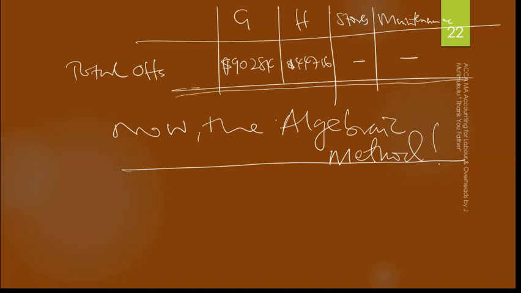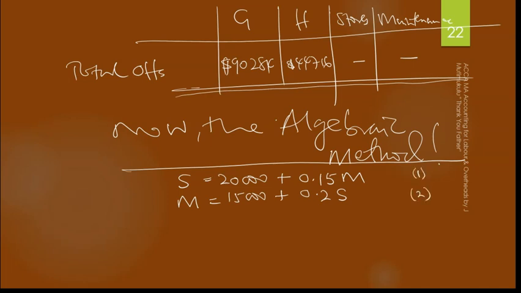We've got S is equal to 20,000 plus 0.15 M, and M is equal to 15,000 plus 0.2 S. This is equation 1, this is equation 2.